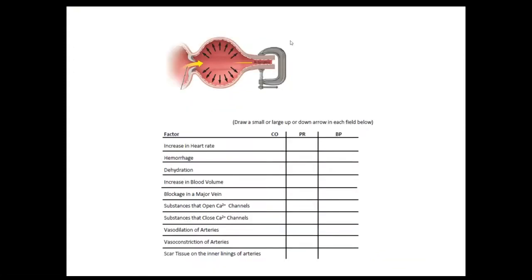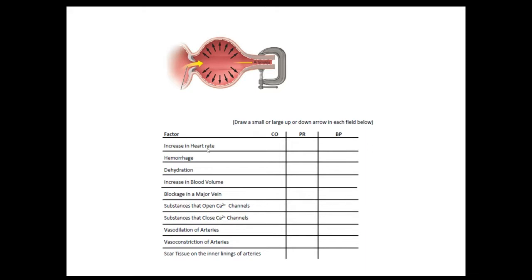So what I did here is another component of the learning activity I gave you, where I gave you a bunch of different situations and said, draw an up or down arrow showing the effects on cardiac output, peripheral resistance, and therefore blood pressure. In many cases, these things may affect more than one, but they affect one more than another. So that's where we focus: what does it affect the most.